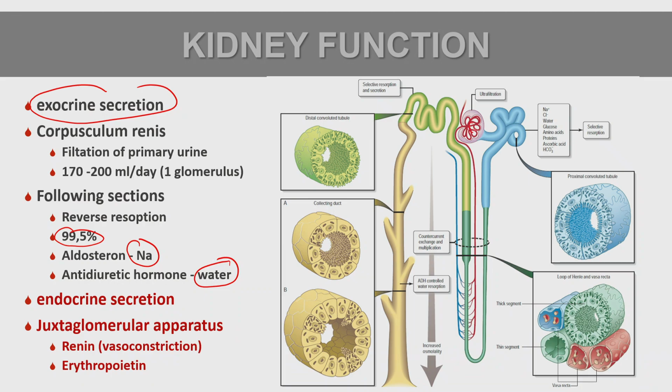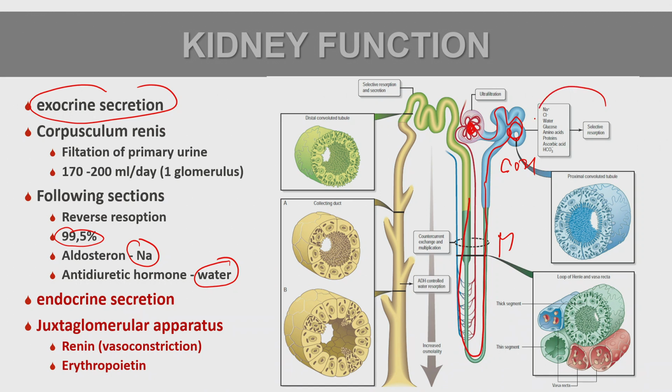Then we have this important structure, from which the proximal tubulus contortus goes from the cortex to the medulla, forming the Henle loop, where resorption of water is made.